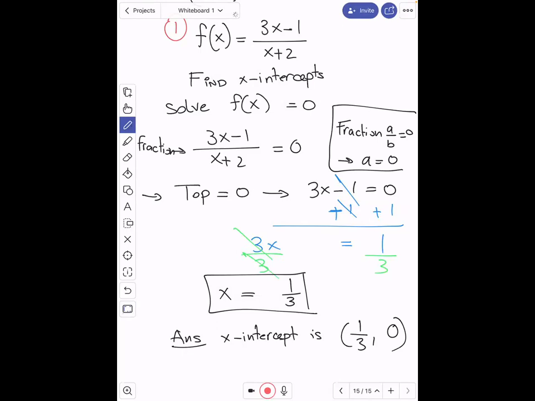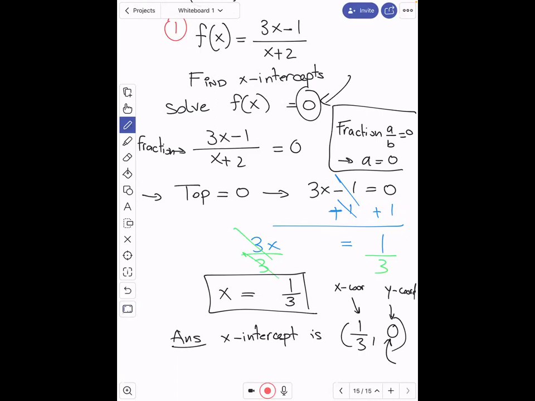Professor, how did you get the 0? Excuse me? How I got this 0? No, the 0 next to the 1/3. That's always the case, because remember, for the notation of the x-intercept, this is the input x, but the 0 here is your y.